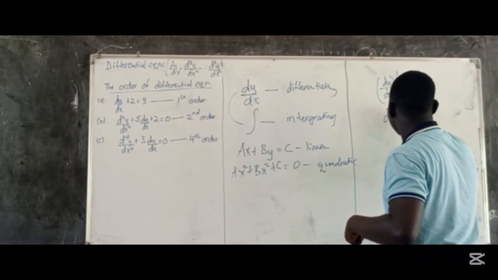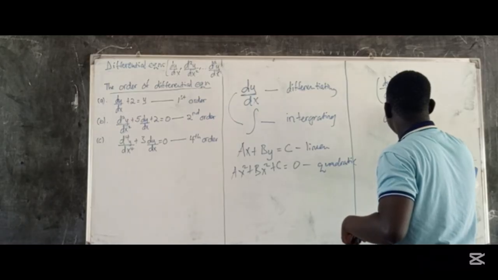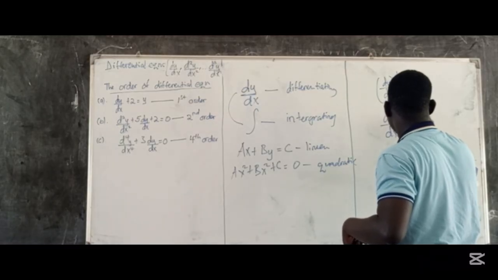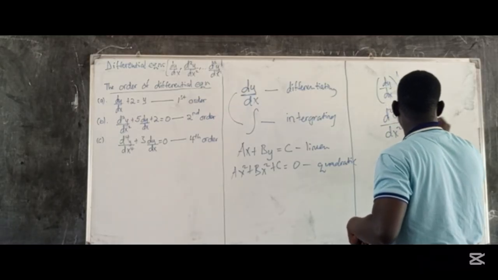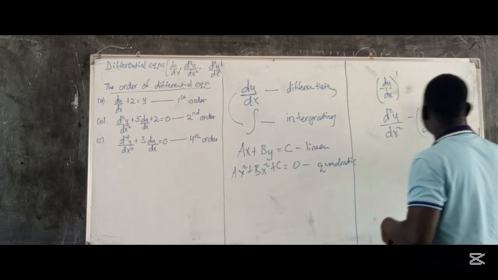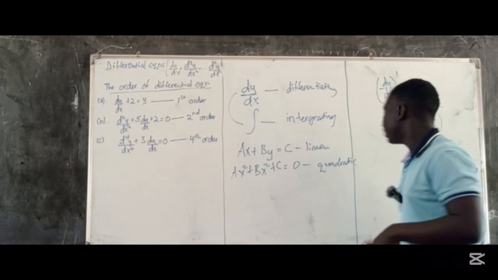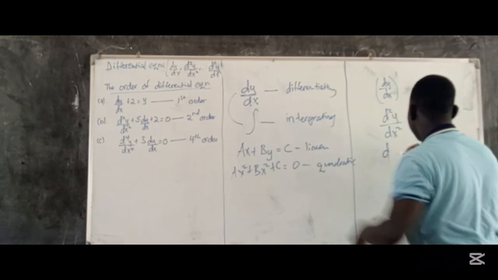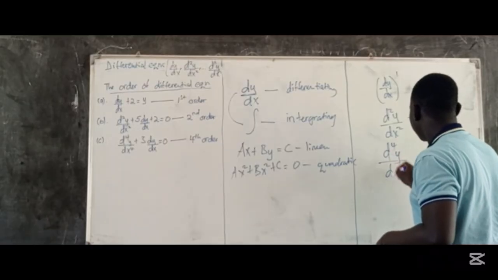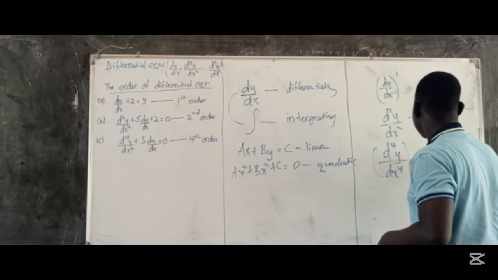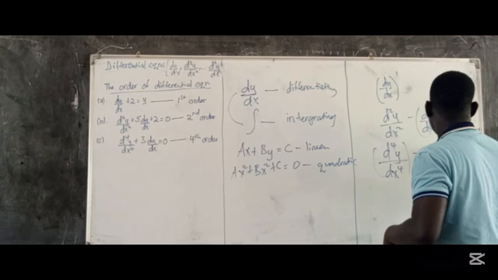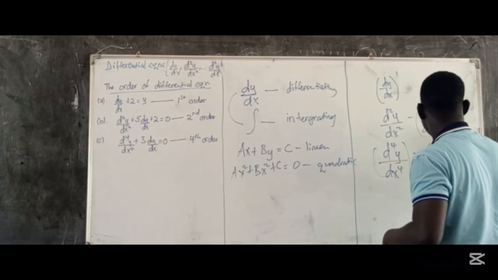And we have d squared y over dx squared, the same thing as dy/dx but now to the power 2, second order. If we have d^4y/dx^4, this is the same thing as dy/dx to power 4.